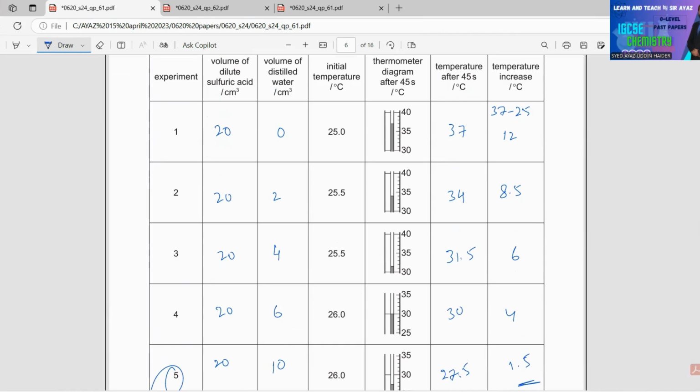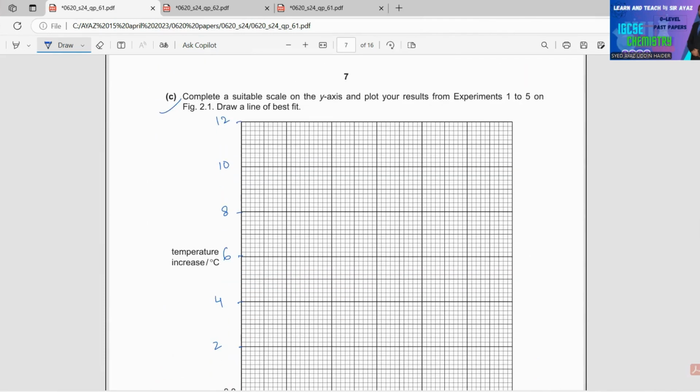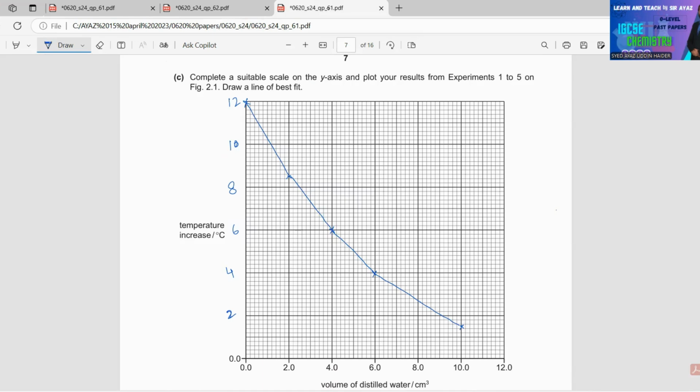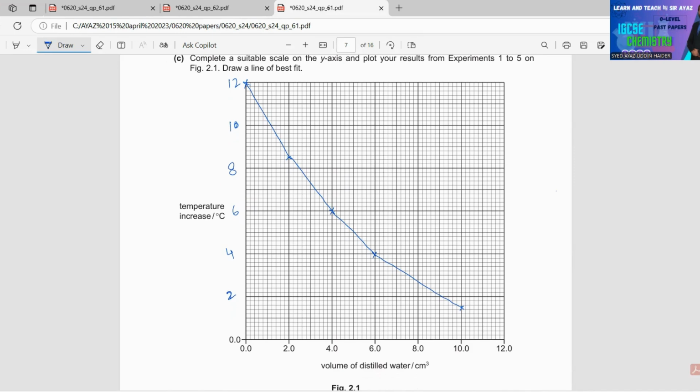And for experiment 2, it's 8.5. So this one for experiment 1. Experiment 2, 8.5, it must be here. I've already drawn the graph, so I'm going to show it to you. This will be the final graph you will get after plotting all the points correctly.